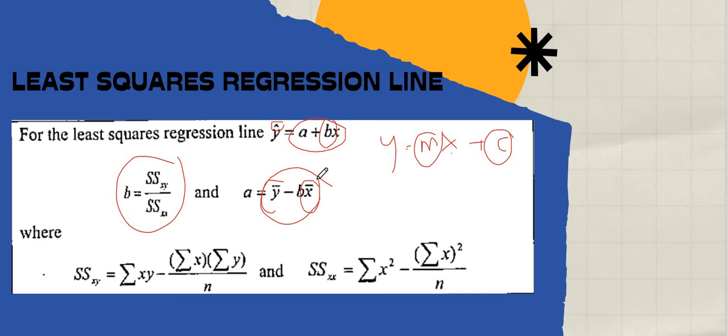We have x data and y data, so you need to find the mean for x and also the mean for y, and then you substitute here. To get your a, you need to find your b first. This is the formula for b, and it's easier for you to get these two terms, as I already showed in the previous video. So it's just a simple equation.